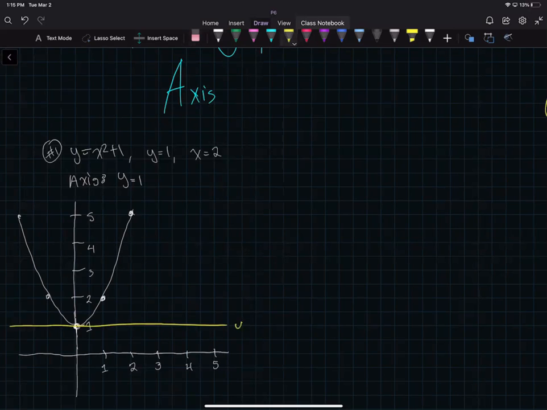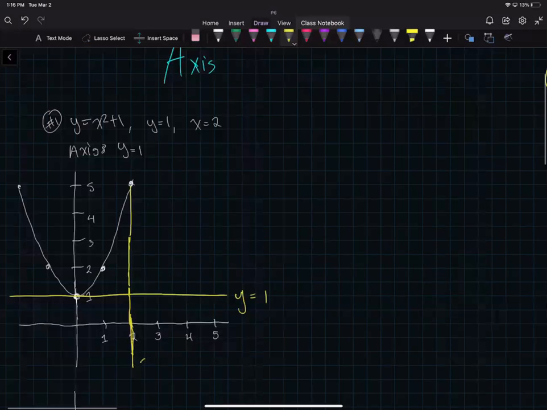And my second line is x equal to 2. And x equal to 2 is here. So this is my x equal to 2. Okay.